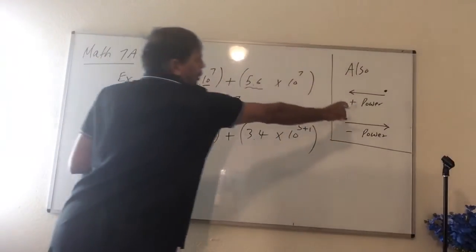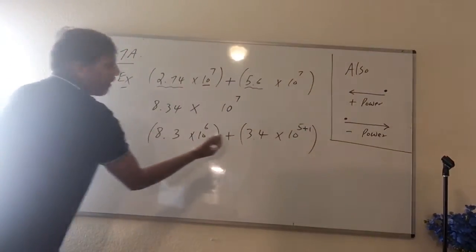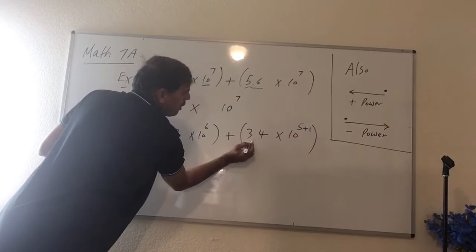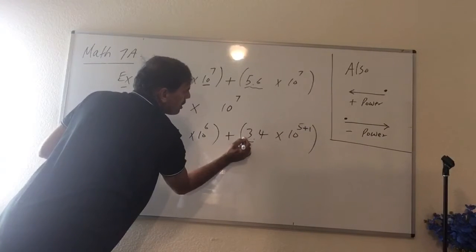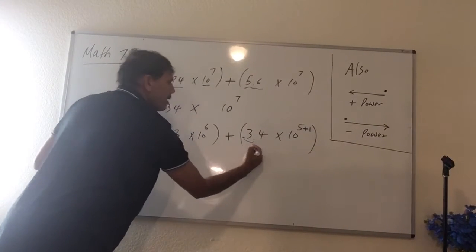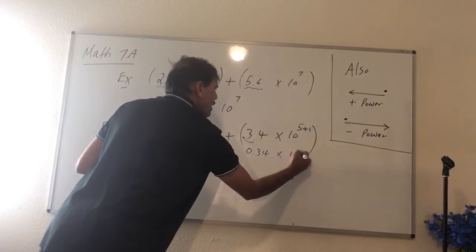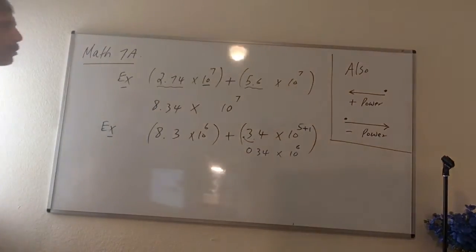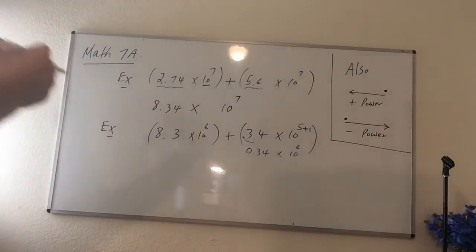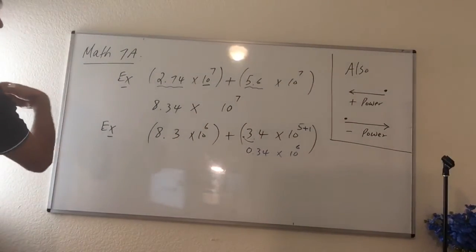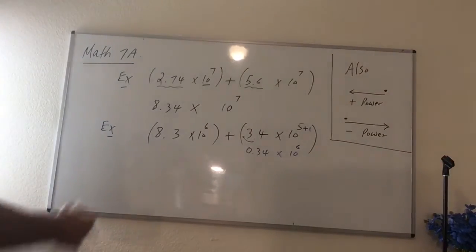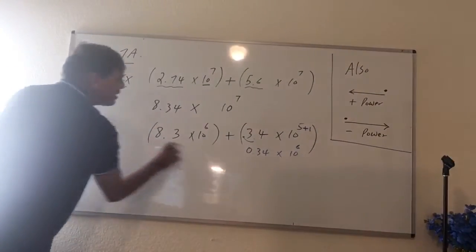Remember, the decimal moving in this direction gives a positive power. So when you add 1, the decimal goes this way. So the new number is now 0.34 times 10 to the power 6. It is fixed. Keep in mind, when you add 1, your decimal must go one place value left. Now you're going to add these numbers.